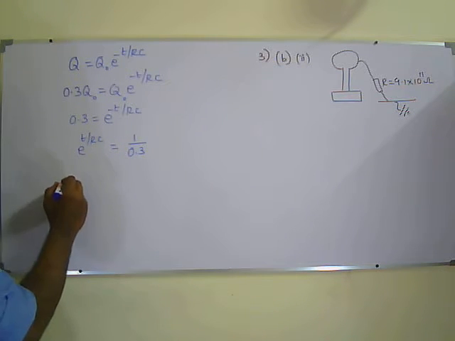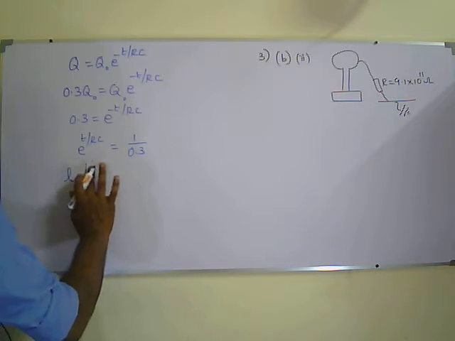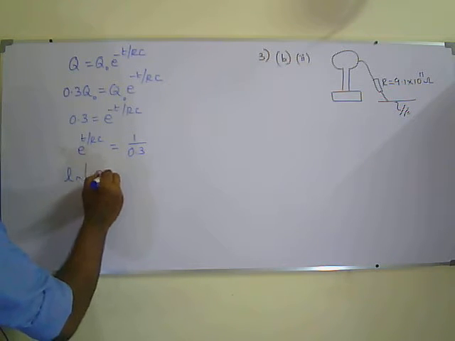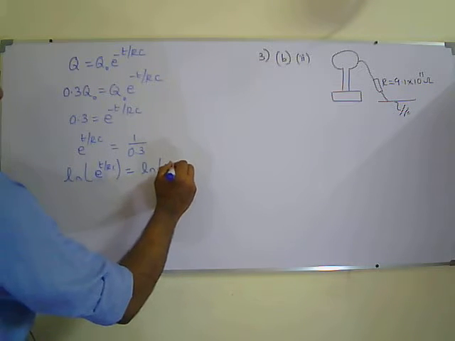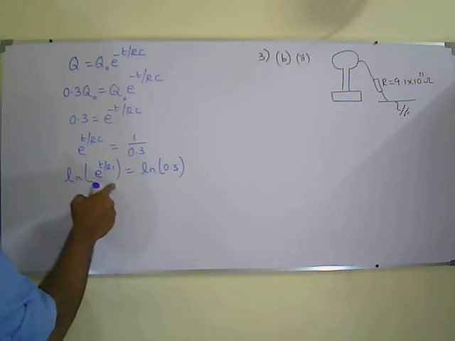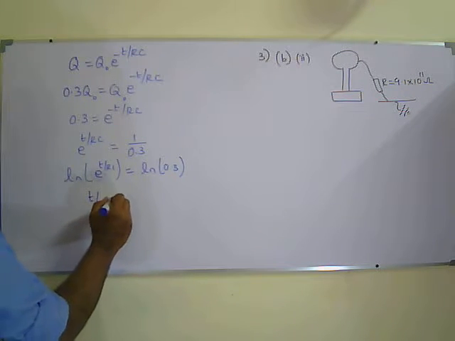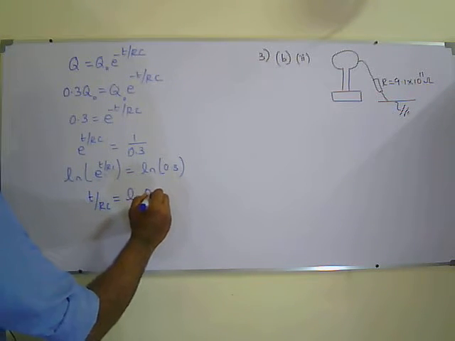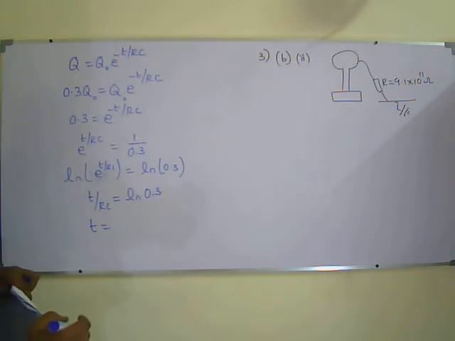Take ln on both sides. When you take ln of e to the power t over RC, it becomes t over RC equal ln 0.3. So t equals RC ln 0.3.